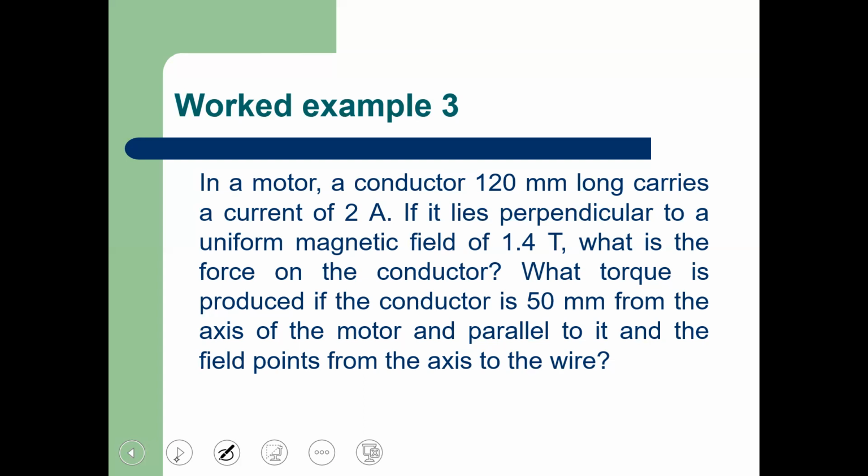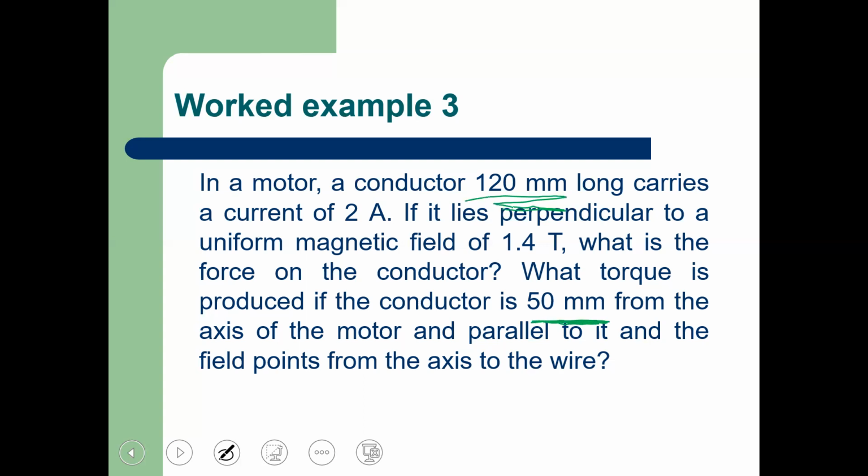That's straightforward, right? What torque is produced if the conductor is 50 millimeter from the axis of the motor and parallel to it? So we have 50 millimeter, this one dimension.